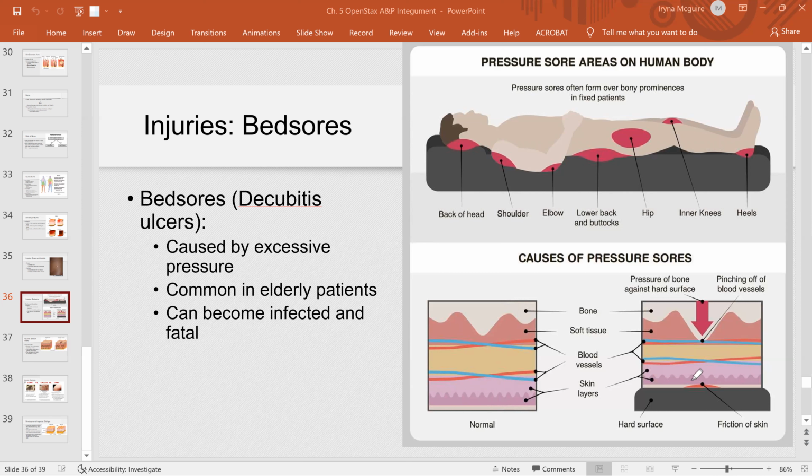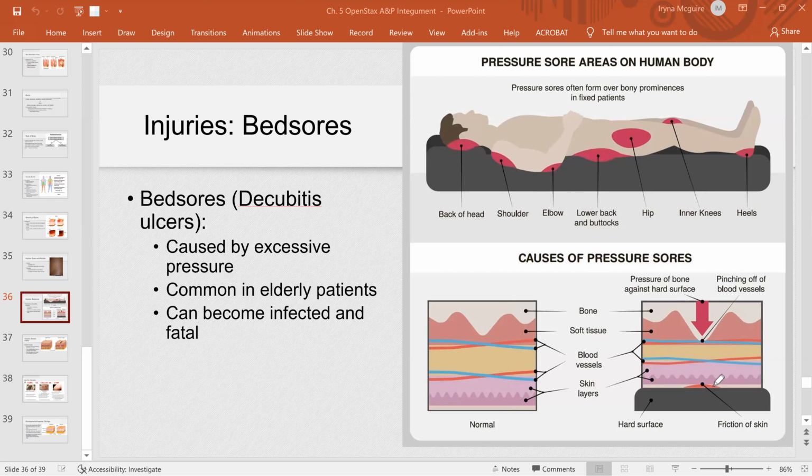Now, when you have a hard surface, and this hard surface can be a patient bed, right? You have those bones pushing against the hard surface. It's pinching of blood vessels. If you pinch a blood vessel, you restrict blood supply to that particular area.